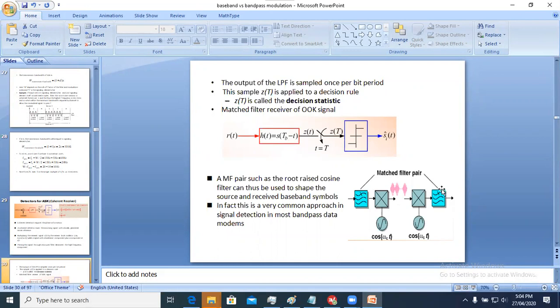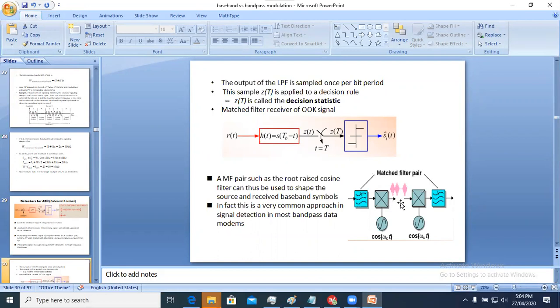So this low pass filter pair is used for the decision of the transmitted signal.